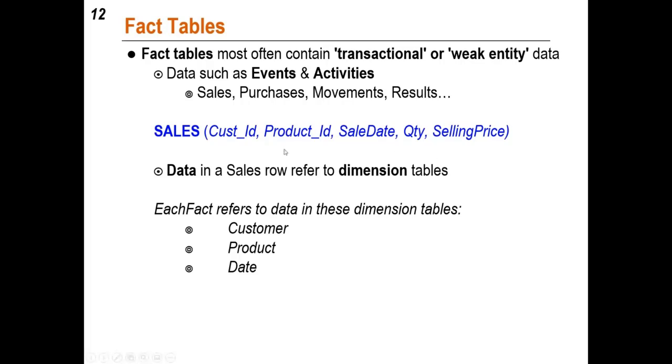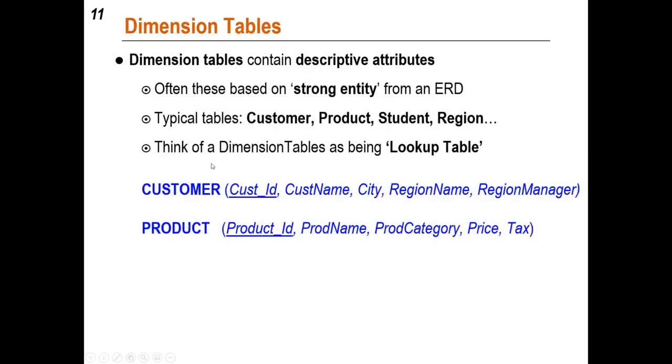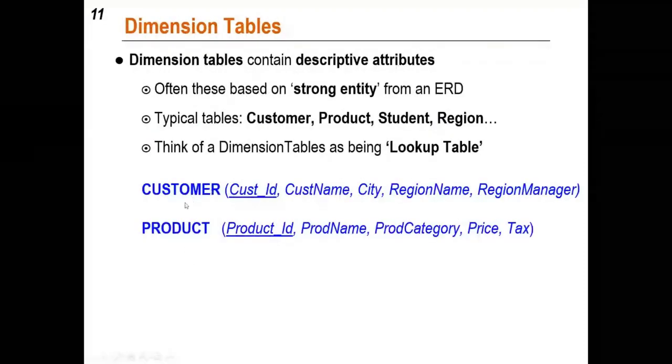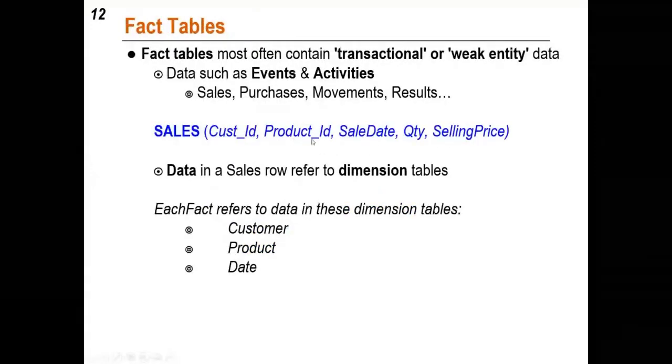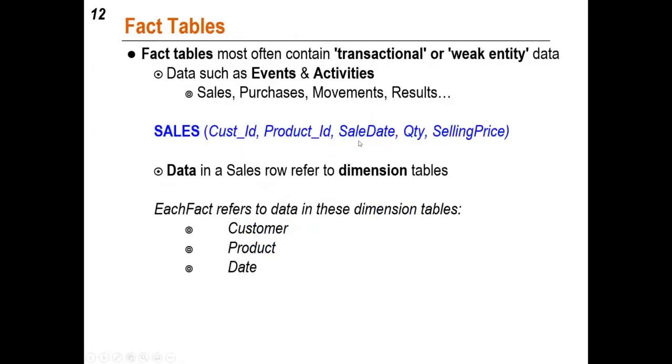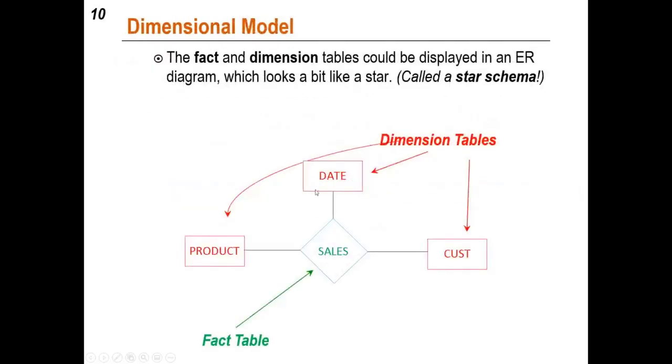Actually, these foreign keys are pointing towards these dimension tables. In this case, we have customer ID, which is pointing to the customer table, and then we have the product ID, which is pointing to the product table, and then we have the sales date, probably pointing to the date table, right?